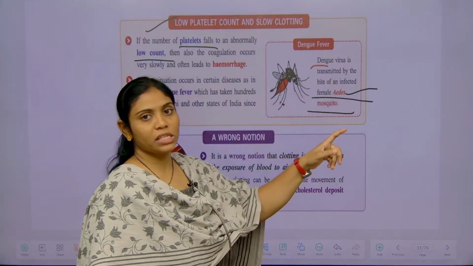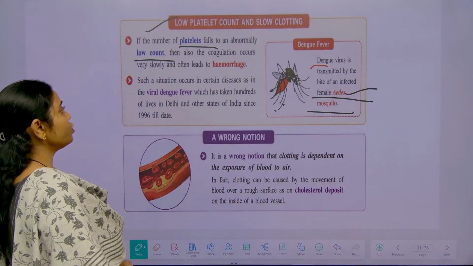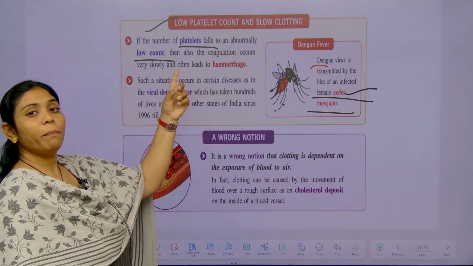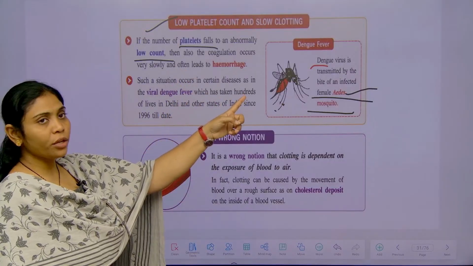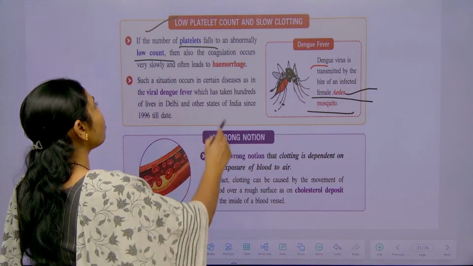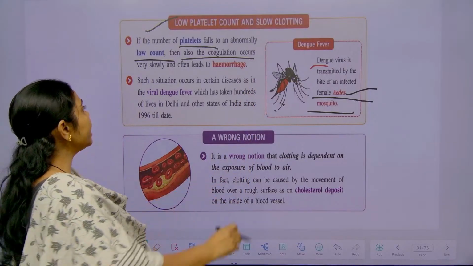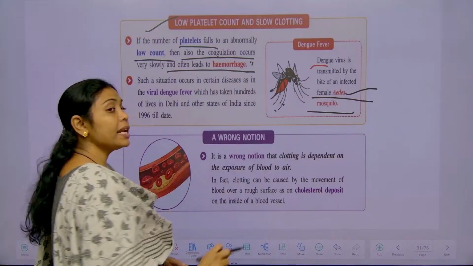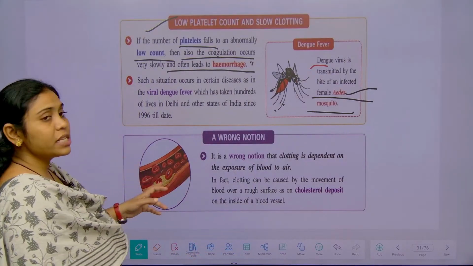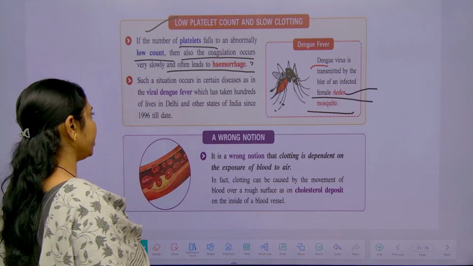Dengue is a virus, and it is transmitted through this female Aedes mosquito. In the condition of dengue, the platelet number is reduced. So coagulation may be reduced. It leads to hemorrhage, meaning internal bleeding may occur. Clear? That is the dangerous thing which can happen in dengue patients.